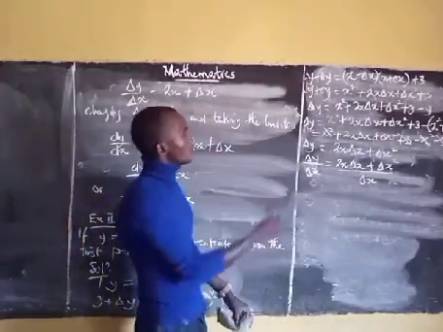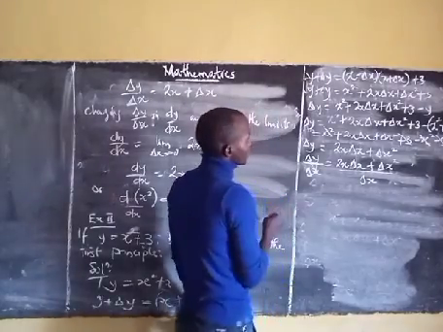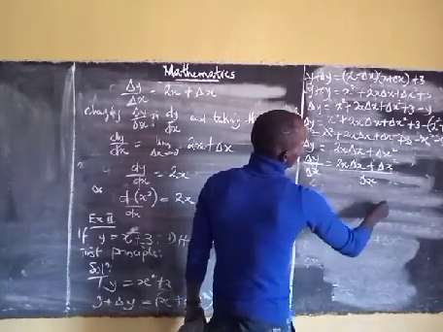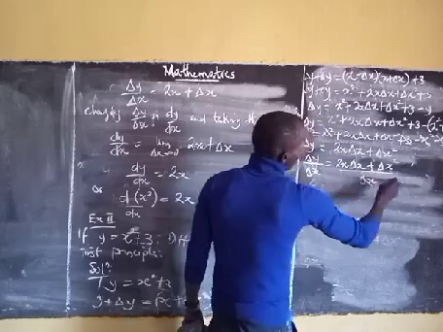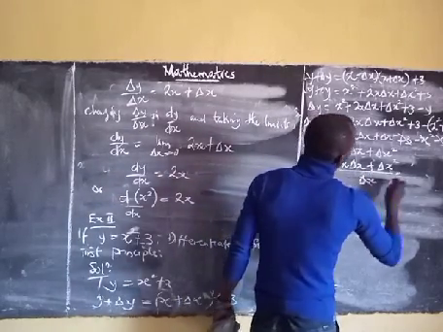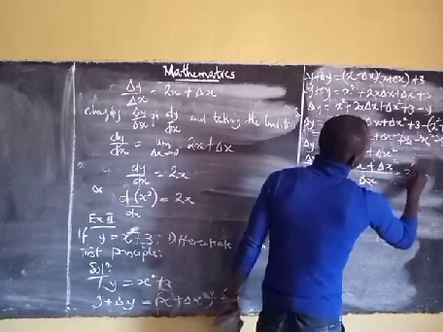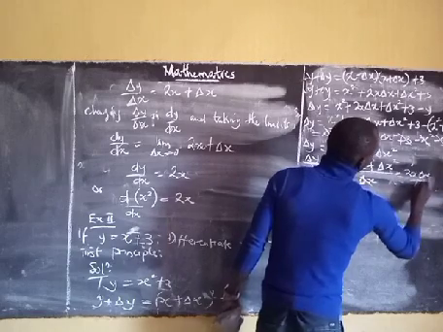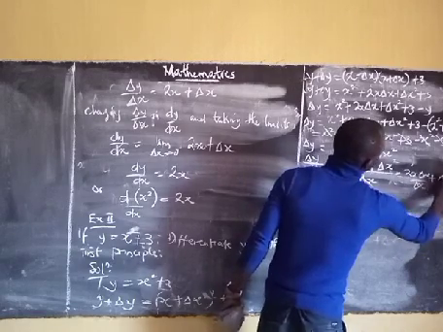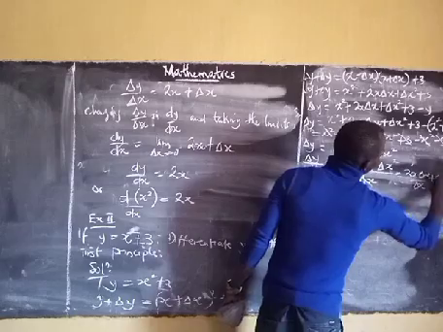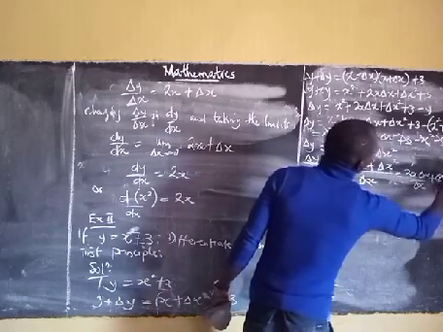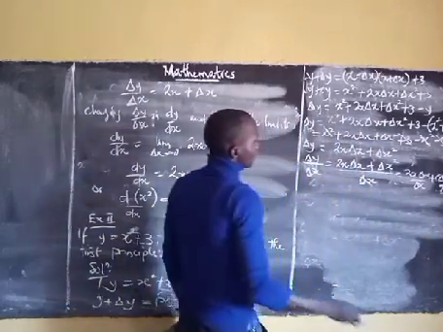From here, we can say that this results in 2x change in x over change in x plus change in x squared over change in x.